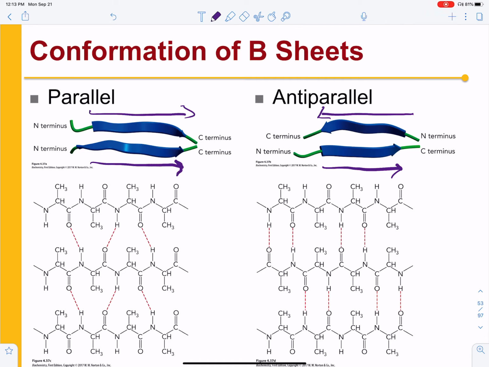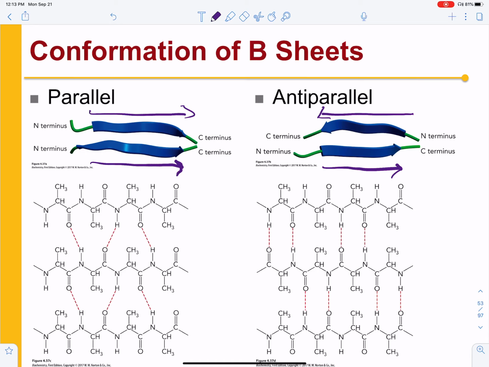In polypeptides, the beta sheets can form in either direction. The difference between the two, besides the direction of the strands, is the position of the hydrogen bond.